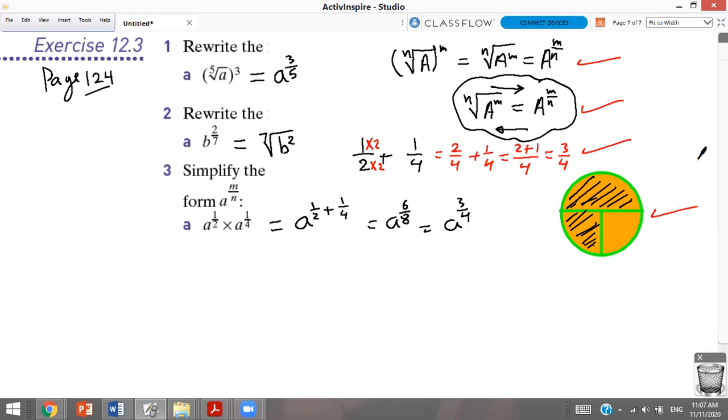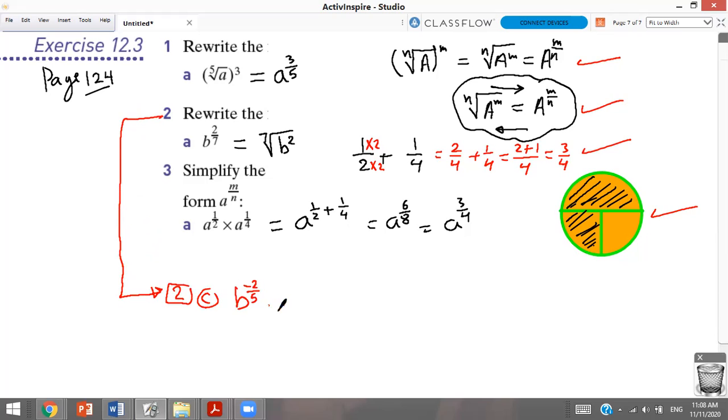Now 2C and D: if the power is -2 over 5, how do we answer? Tell me quickly. It's b power -2 over 5.